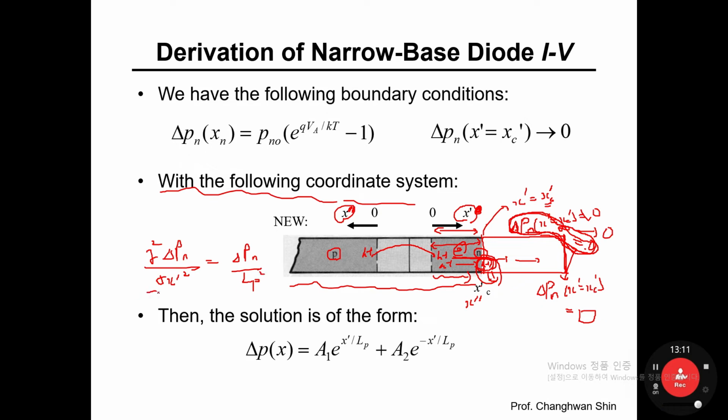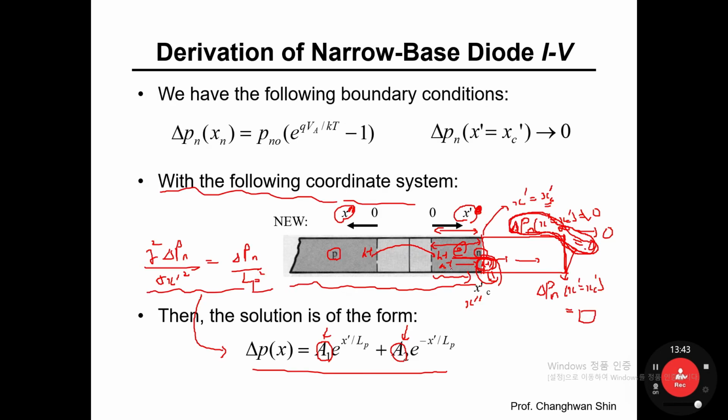So to solve this second order differential equation, the minority carrier equation, we write down the general solution first. Here you can see the general solution form given. So now what we should do is look for A1 and A2. To look for the coefficients A1 and A2, we need two boundary conditions.